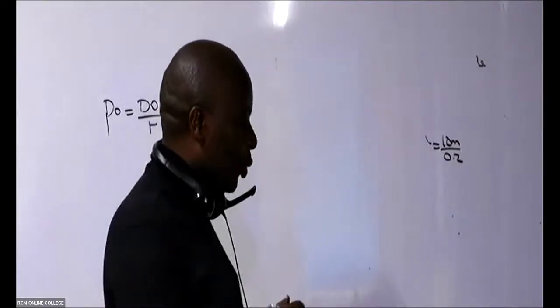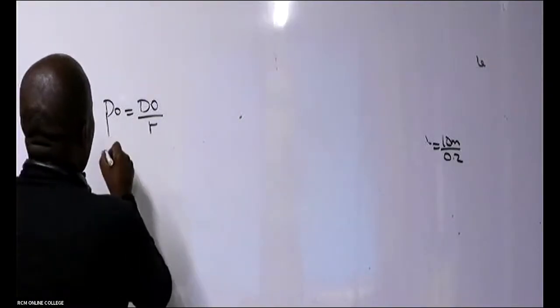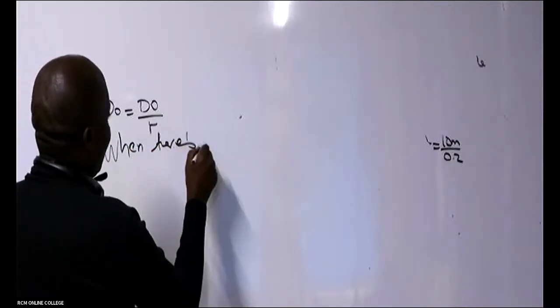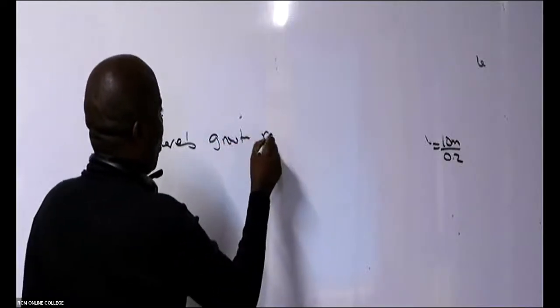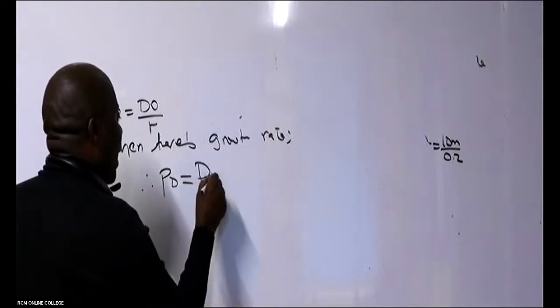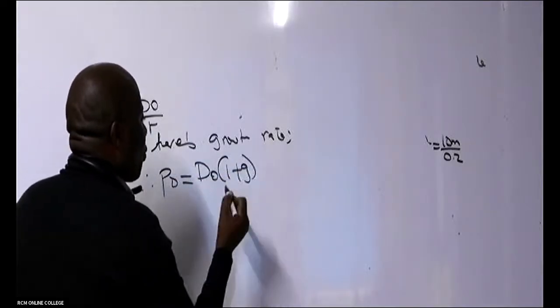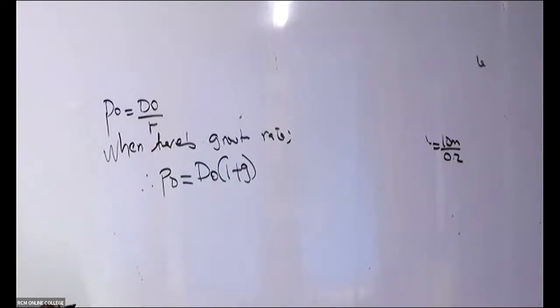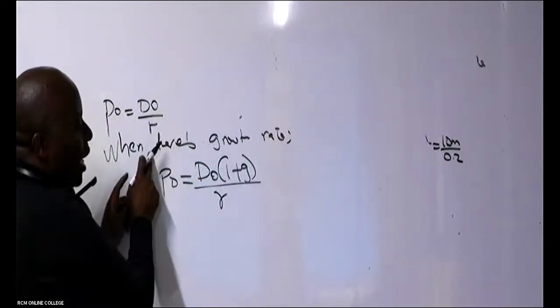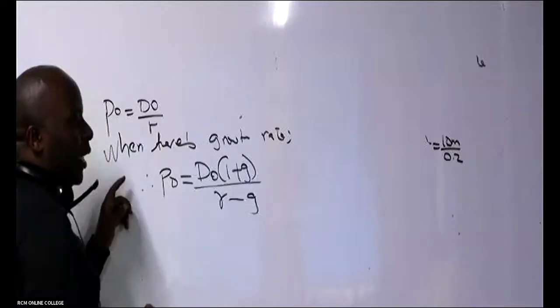So when there is a growth rate, then in this case my P0 becomes D0, which of course has to grow: D0 into 1 plus g, all over R minus g, the same thing like D0 over R.